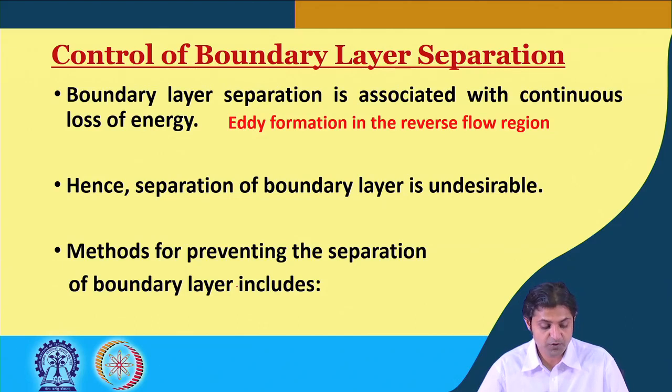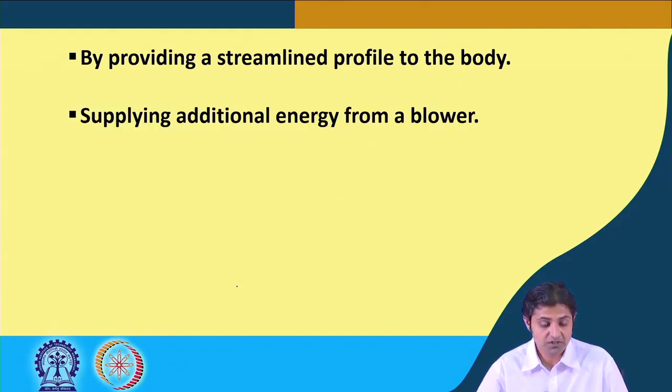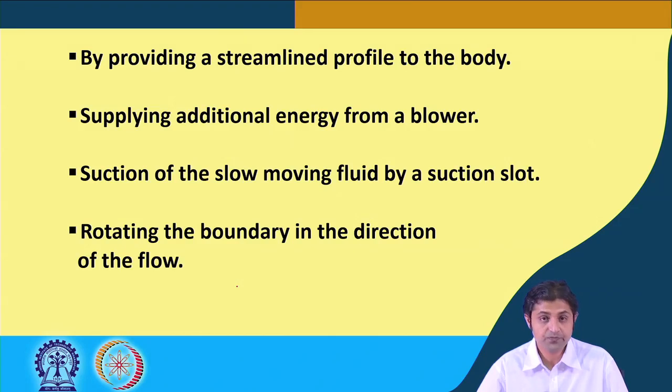Some methods for preventing separation include providing a streamlined profile to the body, supplying additional energy from a blower, suction of the slow moving fluid by a suction slot, and rotating the boundary in the direction of the flow.